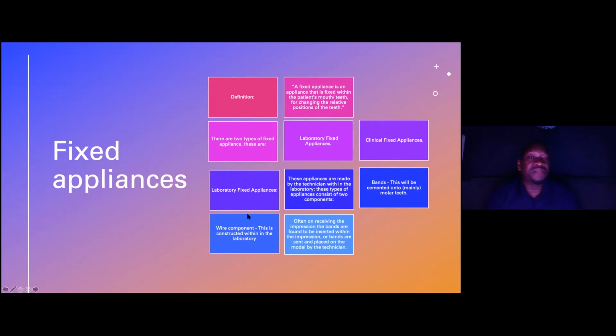The wire component may be made of 0.9 to 1 millimeter stainless steel wire. And often on receiving the impression, the bands are also embedded into the impression. So when we pour the model and turn it upside down and take the impression off, the bands will be situated on the model already, or the orthodontist may send the band to us in the dental laboratory for us to place it on the model.